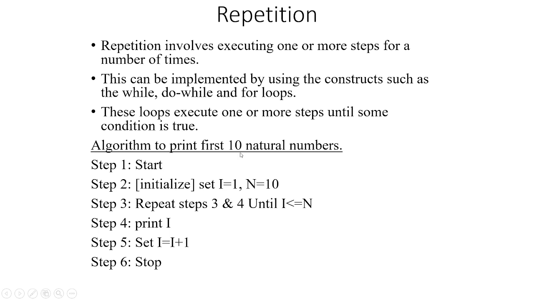Because my task is to print only 10 natural numbers. And then there should be an increment or decrement based on that looping variable. And for that I have done the increment I is equal to I plus 1. So three things are sure to be used to make any steps execute repeatedly.